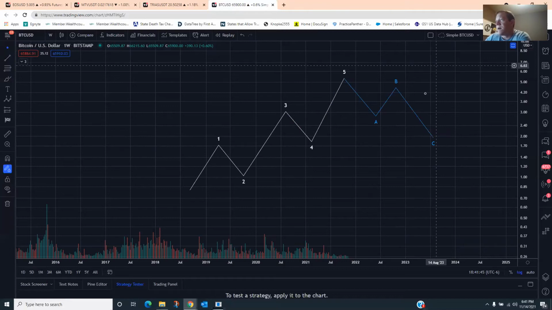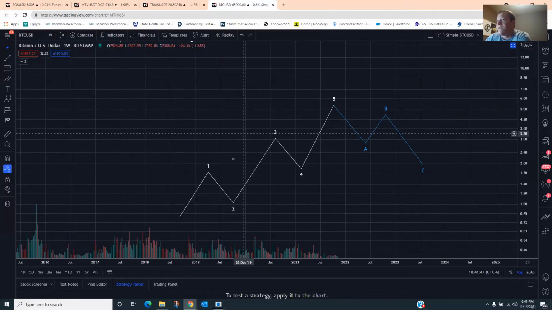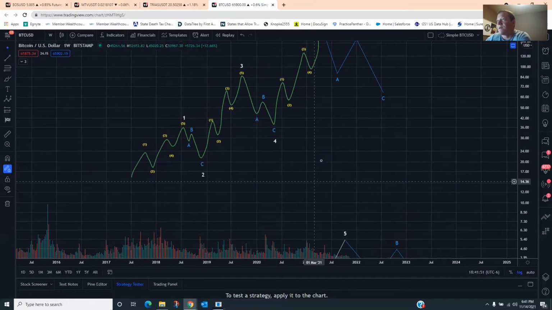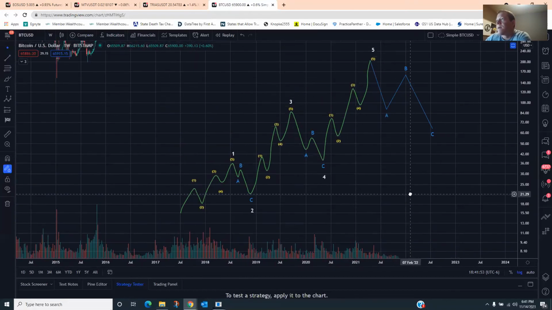Each one of these waves is actually, as you can see here, 5 waves as well. 3 waves down. So your first leg up, which is your wave 1, is comprised of 5 motive waves.